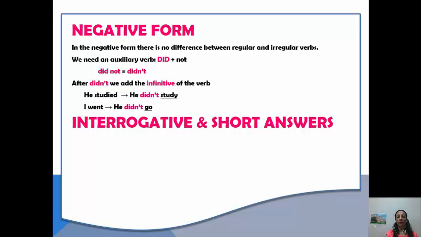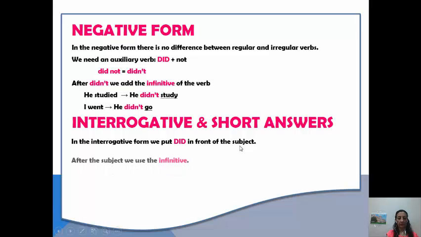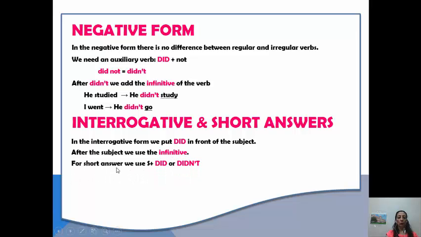In the interrogative and short answers, we put did in front of the subject, as we said. After the subject, we use the infinitive verb. For short answers, we use subject plus did or didn't. Example: did you buy the book?